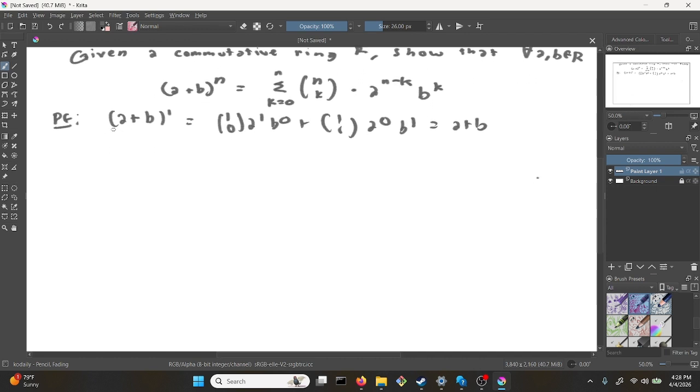And then given this, which is our base case, we can just assume this is true for n greater than or equal to 1. And then we're going to consider the n plus 1 case, which is like this.